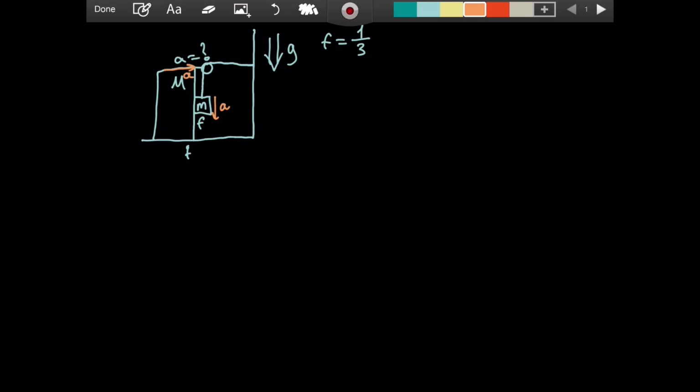Alright, I also want to mention one important thing. This acceleration is not the whole acceleration of little m. It is also accelerating to the right with the same acceleration as capital M. The only reason I didn't show it is to not confuse the picture, okay?